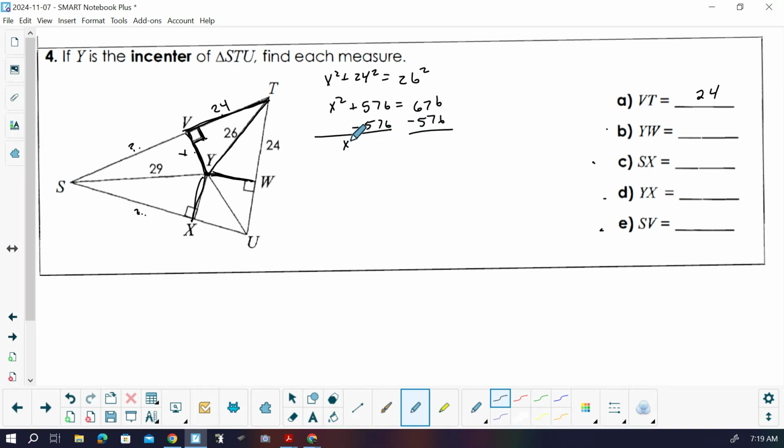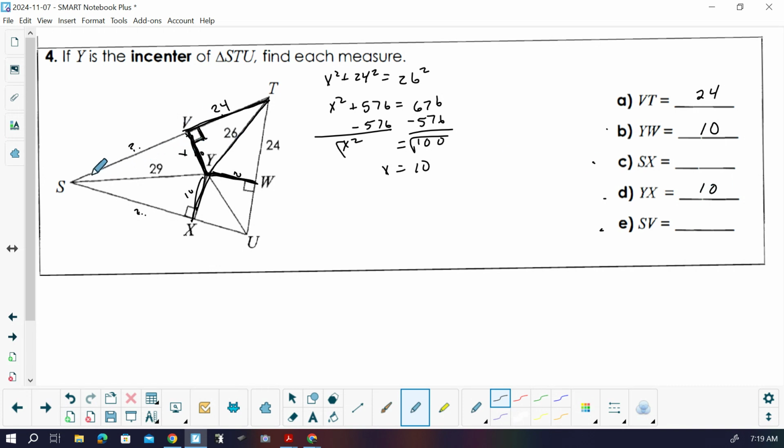That ends up being x squared equals 100. That'll work out good because the square root of 100 is 10, so x equals 10. So each of these lines going to the middle are all 10. So YW and YX are both going to be 10.